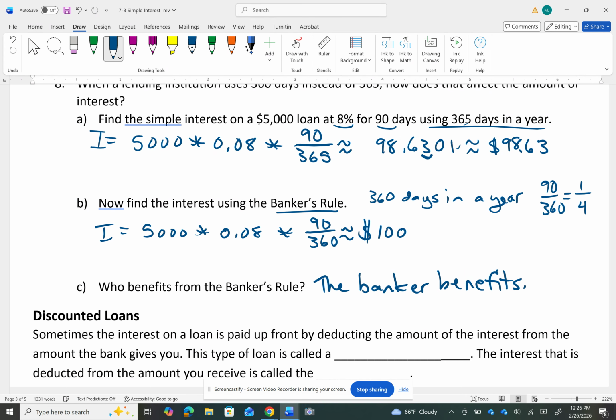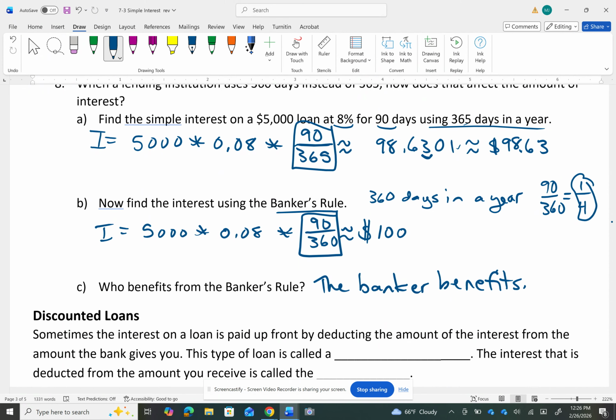And is that computation really that much easier? Well, it might be if I were doing it by hand because of it simplifying to 1/4. But is it really that much different if we have access to calculators, which we all do? Typing in 90 divided by 360 versus 90 divided by 365, there's really no difference there.